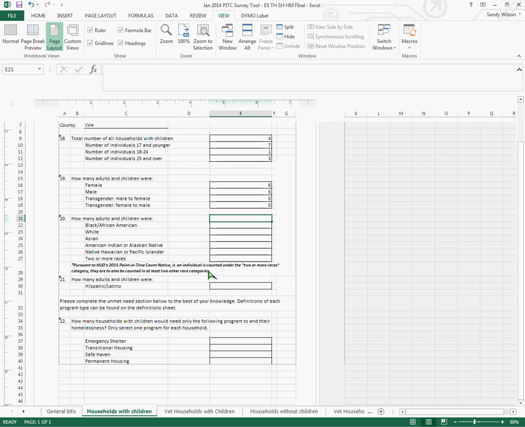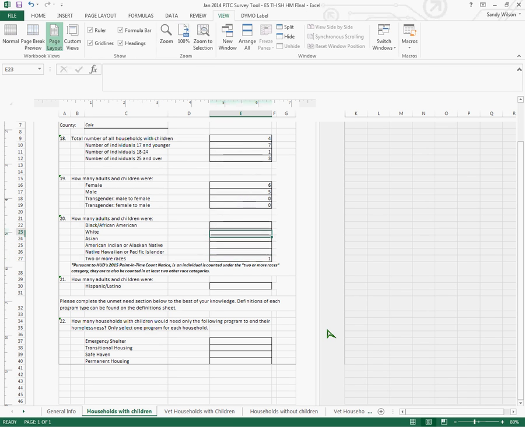Now, there's something new here. This year, according to the guidance, an individual that is counted under 2 or more races has to also be included in at least 2 of the races above. That's a little complicated, but what that means is if you have someone who is biracial, for instance, you would put that you have a single individual who is biracial.